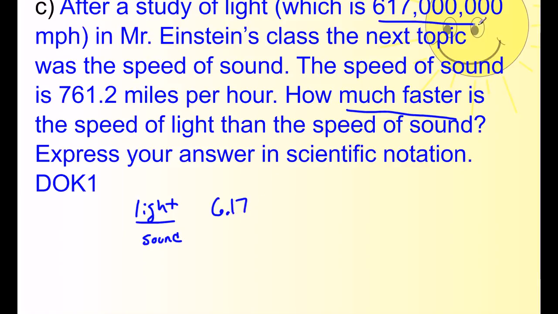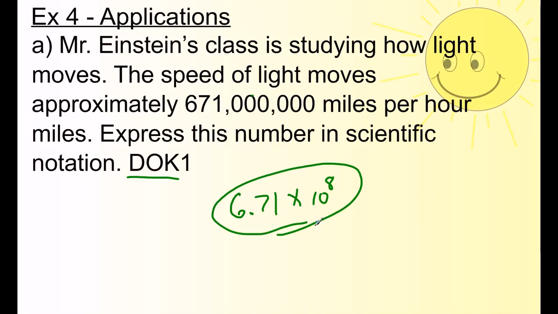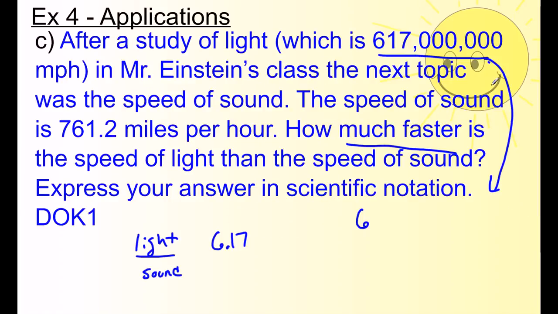I'm taking this into scientific notation. Makes it easier. We did this problem, so I can just copy it. Now I don't know which one's true, but either way, 6.17 times 10 to the 8th.